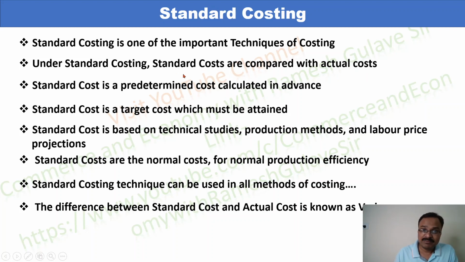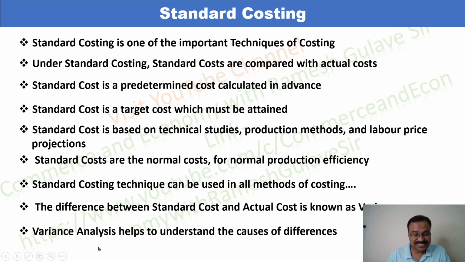So when we compare standard cost with actual cost, there is a possibility that there is a variance, right? And that difference is basically known as variance. And this variance analysis helps to understand the causes of differences between standard cost and actual cost, right? So friends, these are the important points related to standard costing.